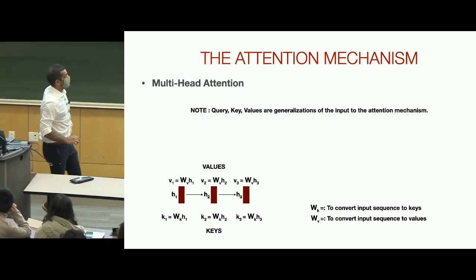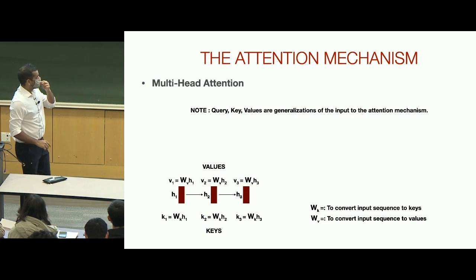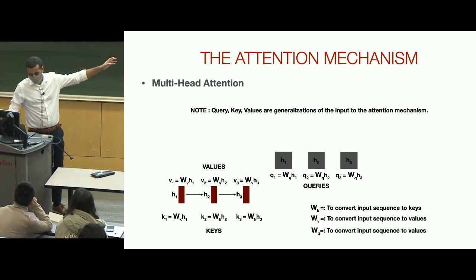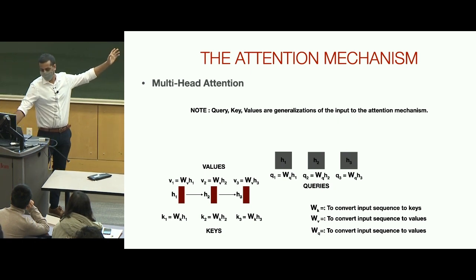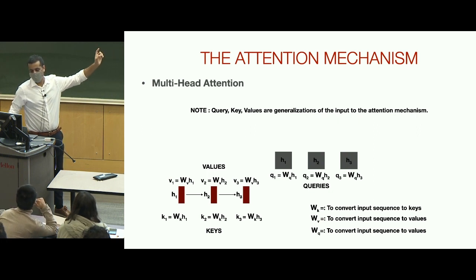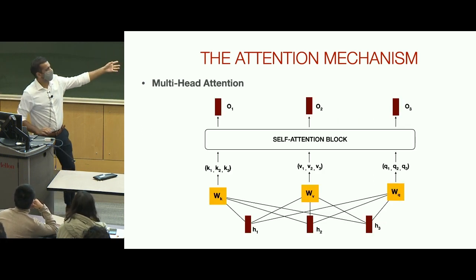WV is a linear transformation that converts the input sequence to values. And then we also have a WQ, which is a linear transformation that converts the input sequence to queries, which says values here, but that's an error.